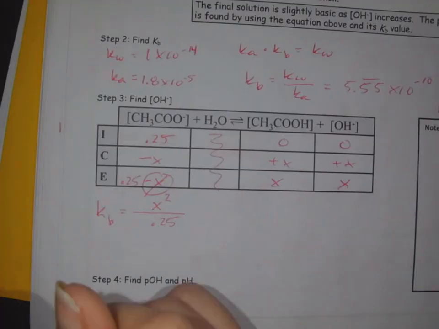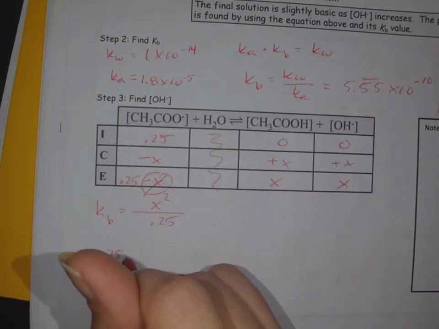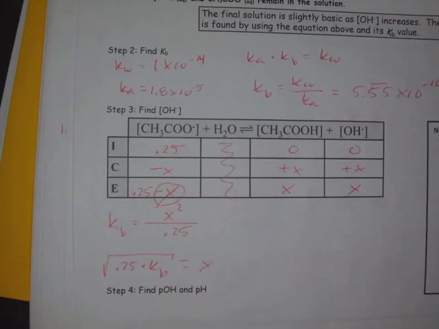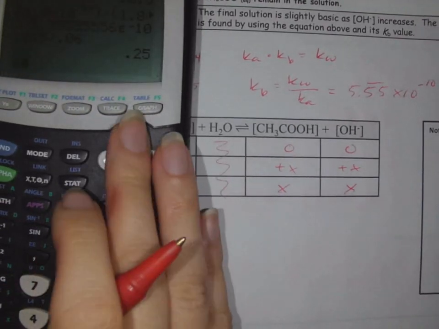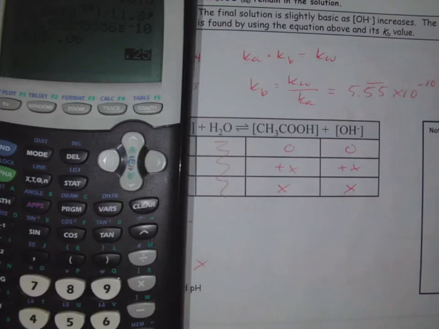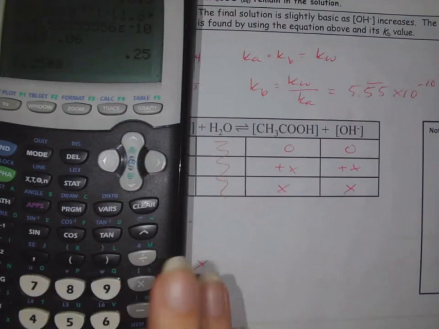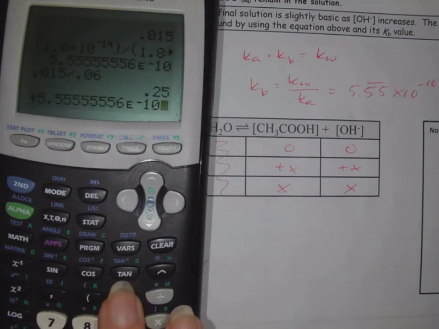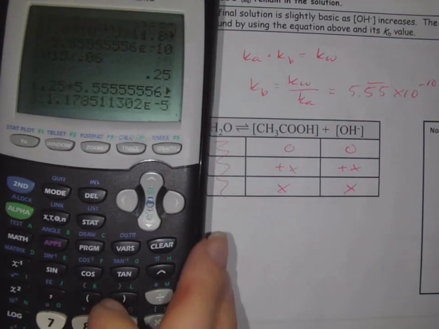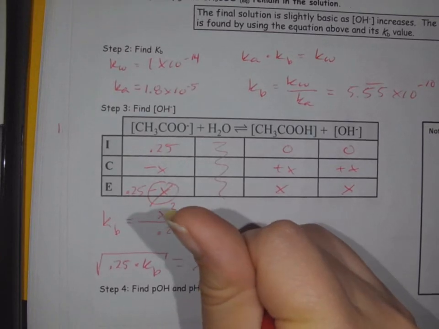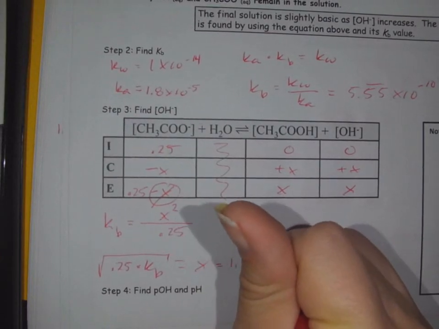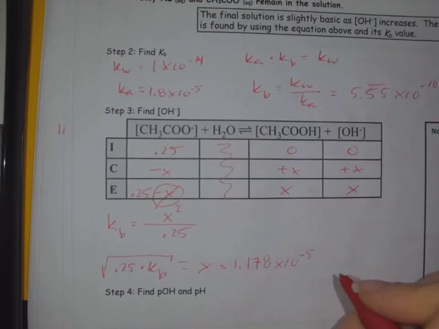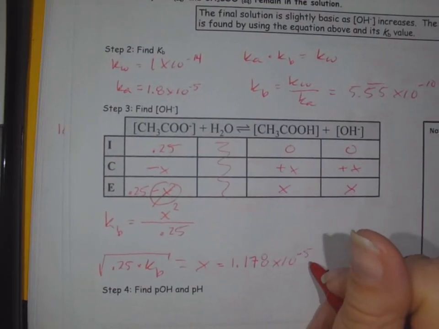Okay, let's rearrange and solve for x. So 0.25 multiplied by our Kb value, square root, equals x. We're going to take 0.25 times our Kb value and do the square root of that. So x is small. It's equal to 1.178, etc., times 10 to the negative 5th molarity.